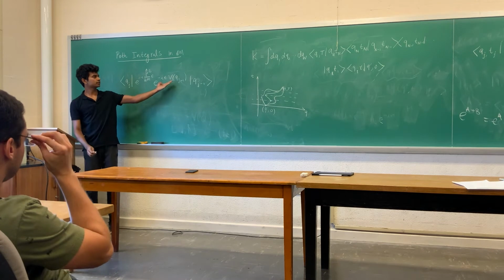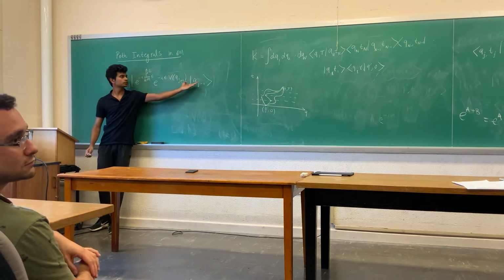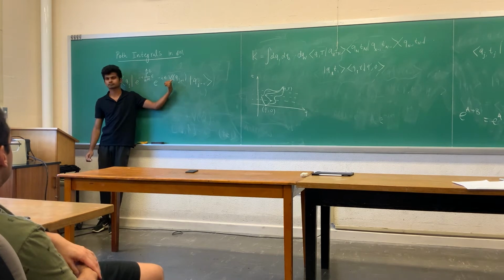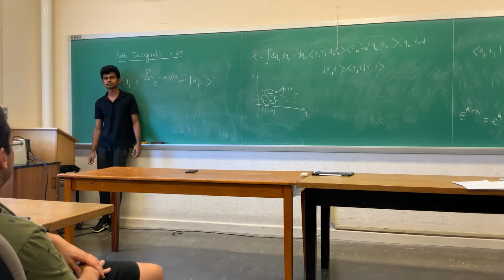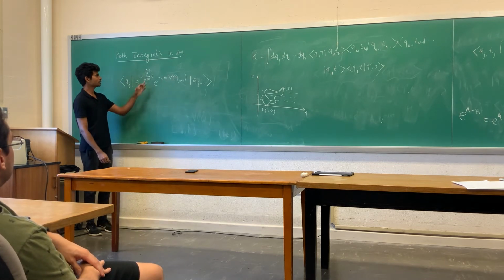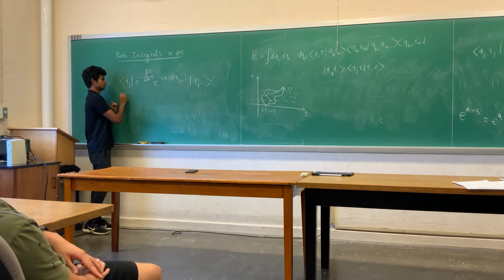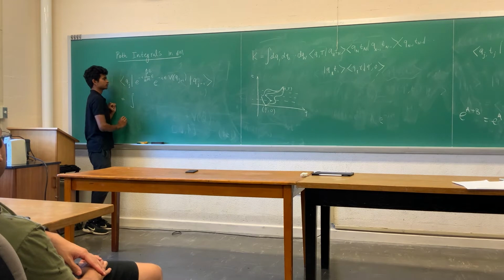I've acted on q_j with this guy, which is pretty good. Now I want to get rid of this operator as well. How would I do that? I just insert an identity with p.